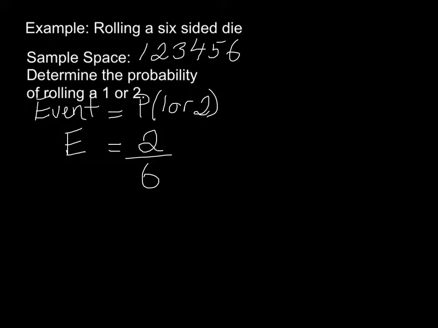Now, the 2 is our event. So these are the two outcomes that could have happened. So our event was either rolling a 1 or a 2. And the 6 is our sample space because there are 6 possible outcomes.